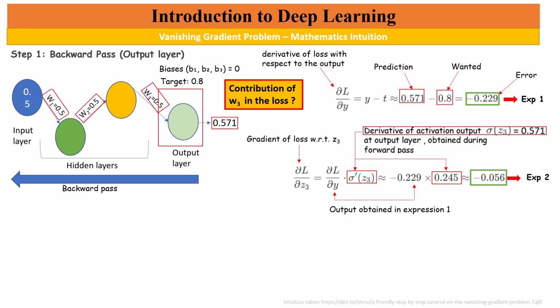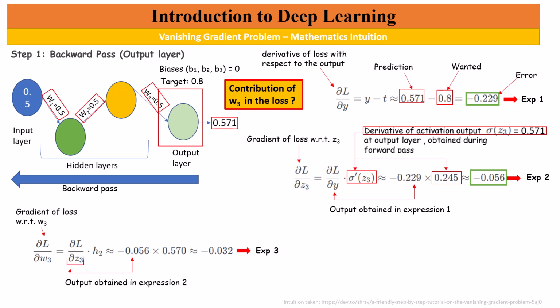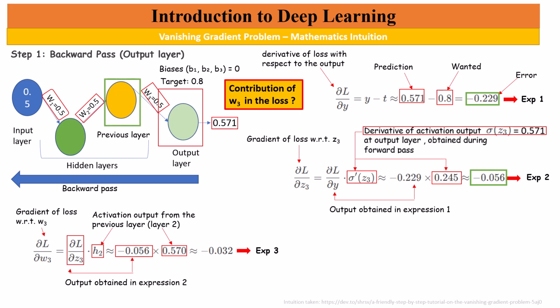In the third expression, to compute how the loss changes with respect to the weight W3, we apply the chain rule again. We multiply the gradient, actually the output obtained in expression 2, by the activation output H2. This is actually an output from the previous layer, which in this case is 0.570. This yields -0.032.